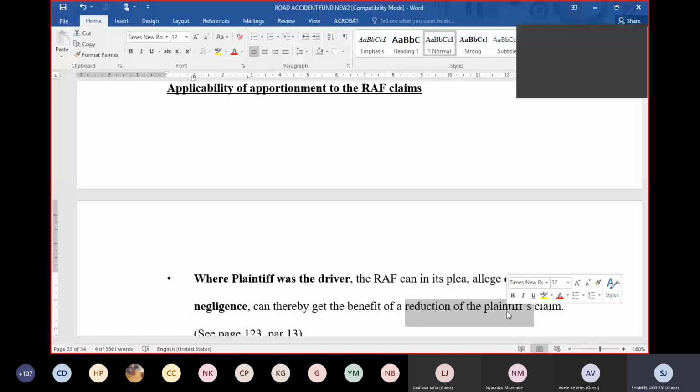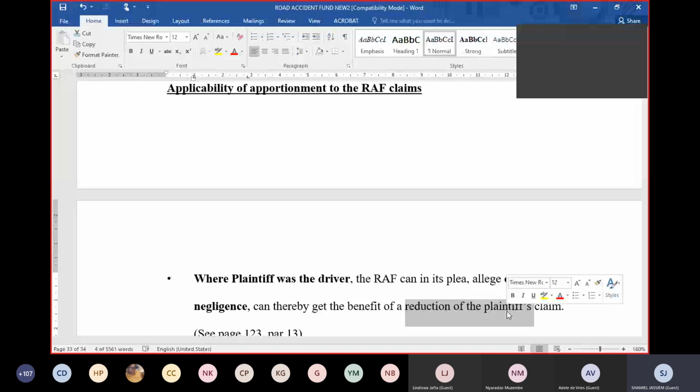We are now looking at the claim in her representative capacity. So again, the same two options. The option is we either join her to proceedings or the RAF can plead contributory negligence.